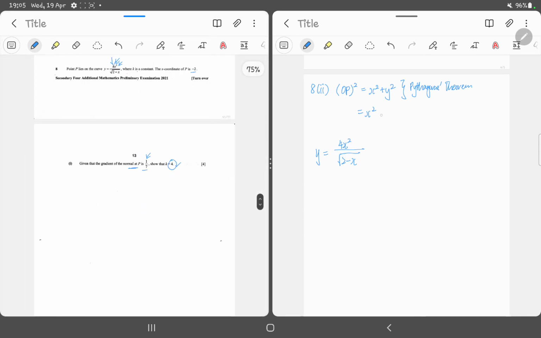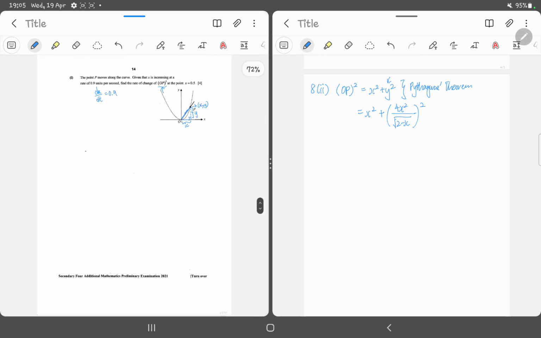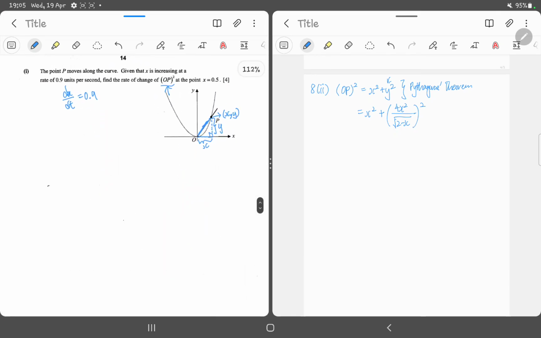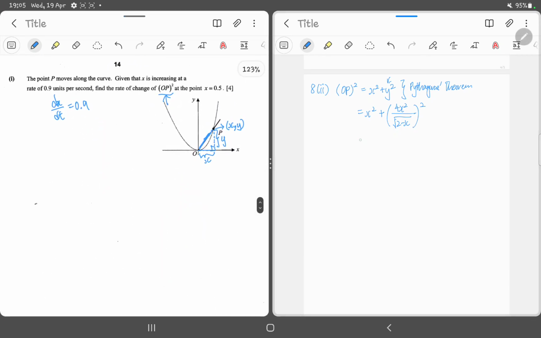Okay, so then this will be plus 4x squared over square root of 2 minus x, bracket whole thing squared, because it's y squared over here. So let's simplify this expression over here. This is actually x squared plus 16x to the power of 4 over 2 minus x.